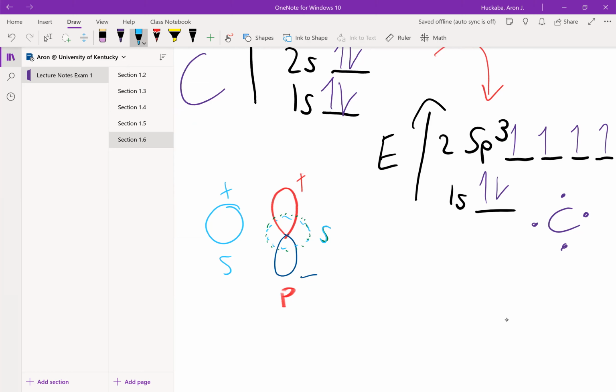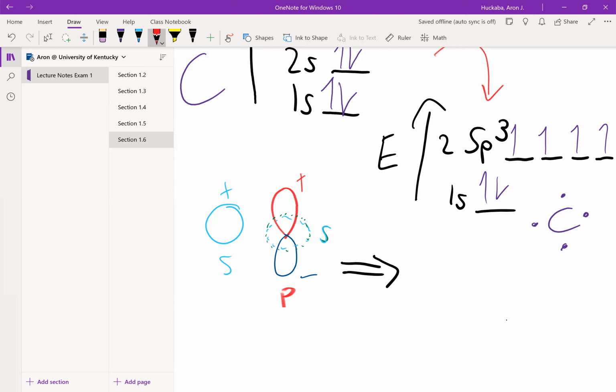This positive s orbital is going to increase the magnitude of the positive side of the p orbital due to constructive interference, meaning it's going to get bigger. That's what we would call it in physics anyway. Whereas on the other side, it's a negative. It would cancel out that positive. And so you have destructive interference with the p orbital, which means that this side of the lobe will get smaller.